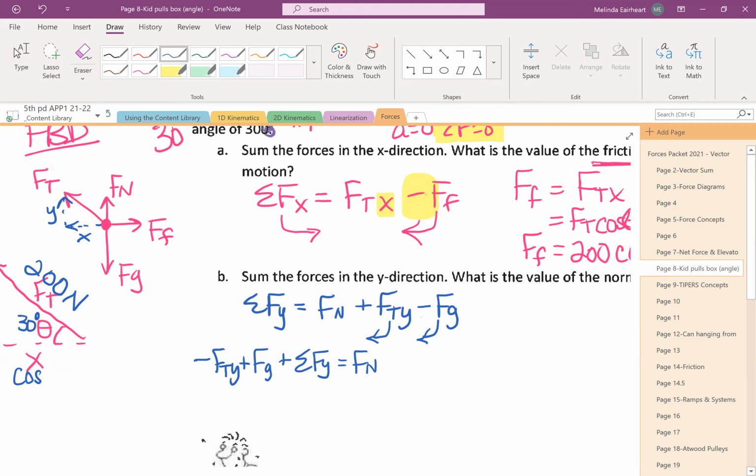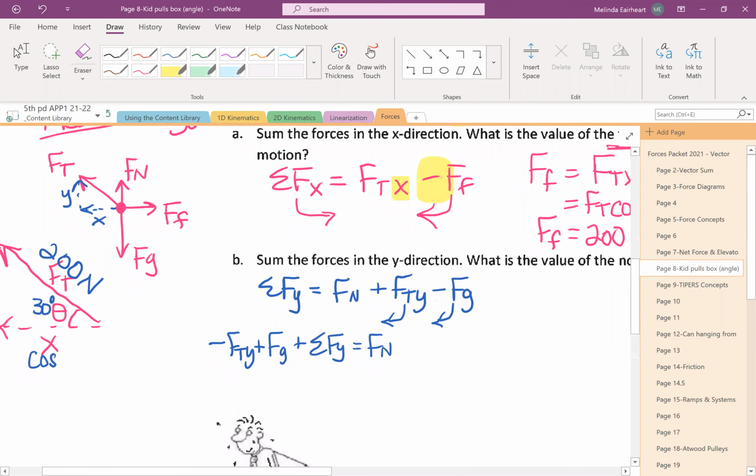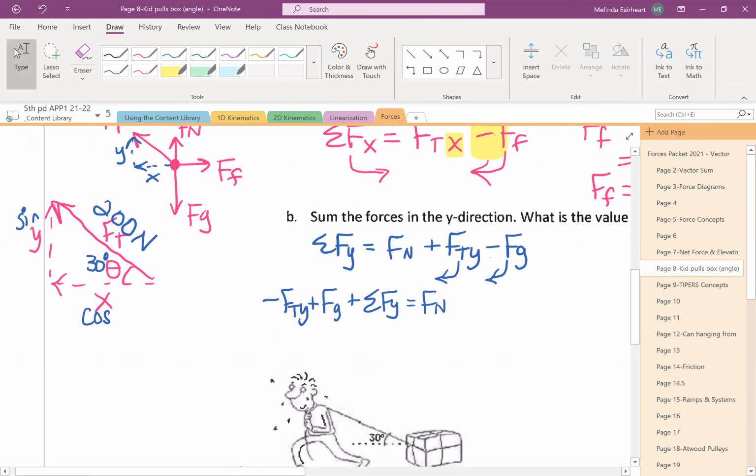Okay, let's start plugging things in. And so Fty, we already said we'll use the sine function. And so it would be that hypotenuse, Ft, times sine theta, plus, and y'all, question of the year, how do I find the gravitational force of an object? What do I plug in for Fg?